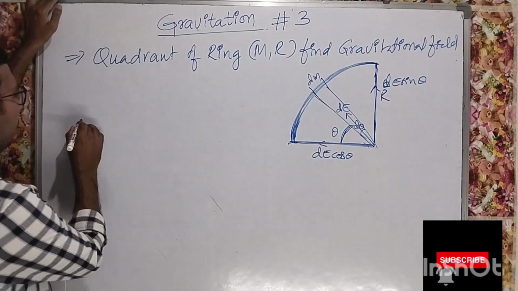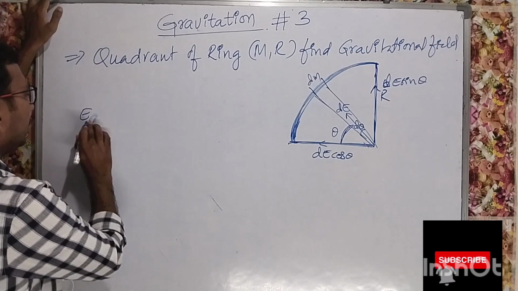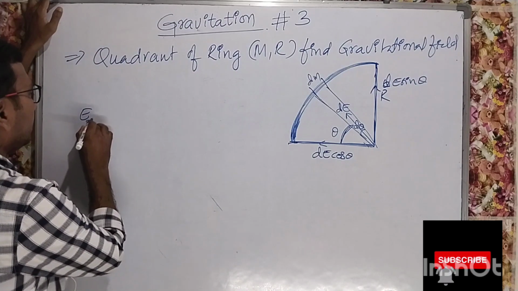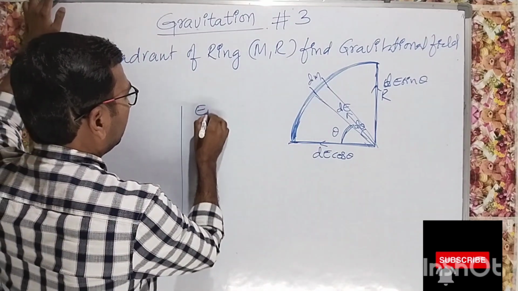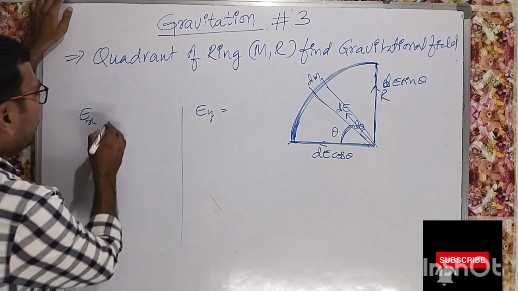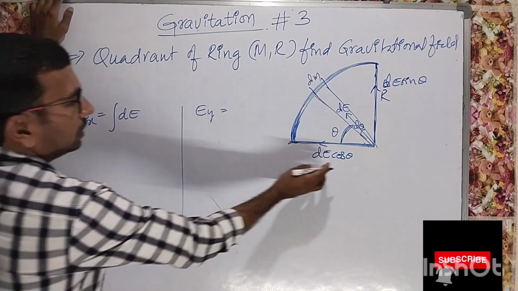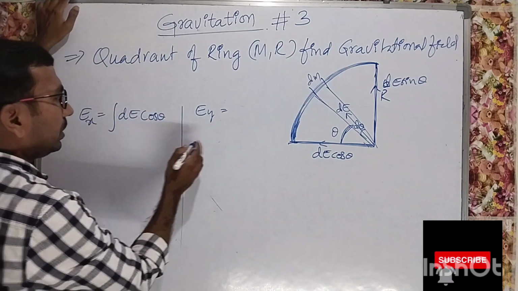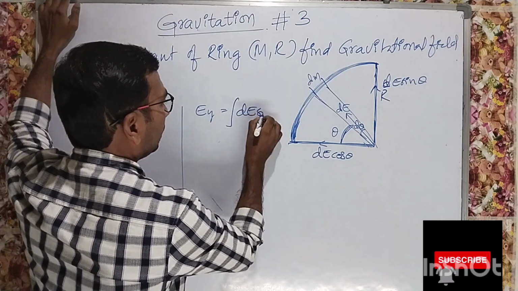So we can find E along the x-axis and E along the y-axis. E along the x-axis is equal to integration dE cos theta, and along the vertical, integration dE sin theta.